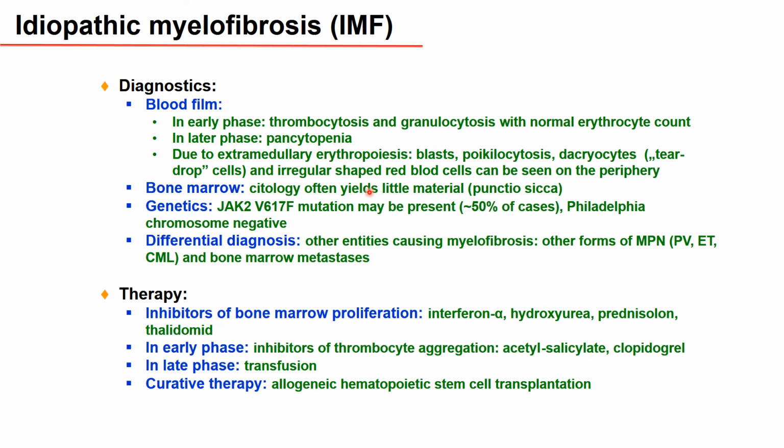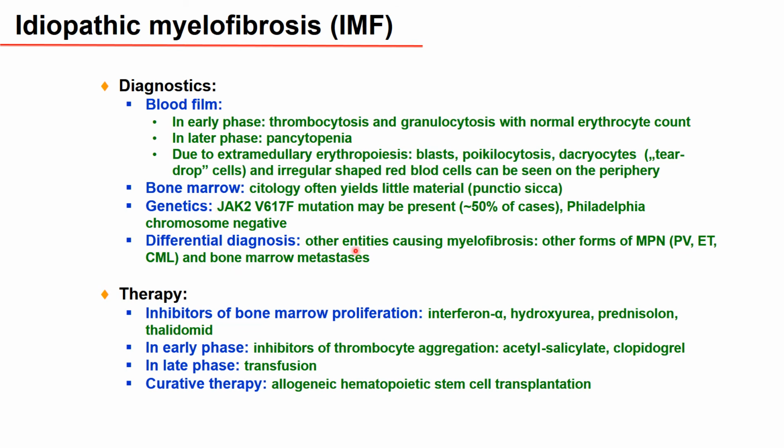In the late phase, we do see almost no cells in the aspirated bone marrow. This is what is called punctio sicca. It's almost nothing in it, no cells in it. And for genetic alteration, this JAK2 mutation can happen in about 50%, and the Philadelphia chromosome is negative.